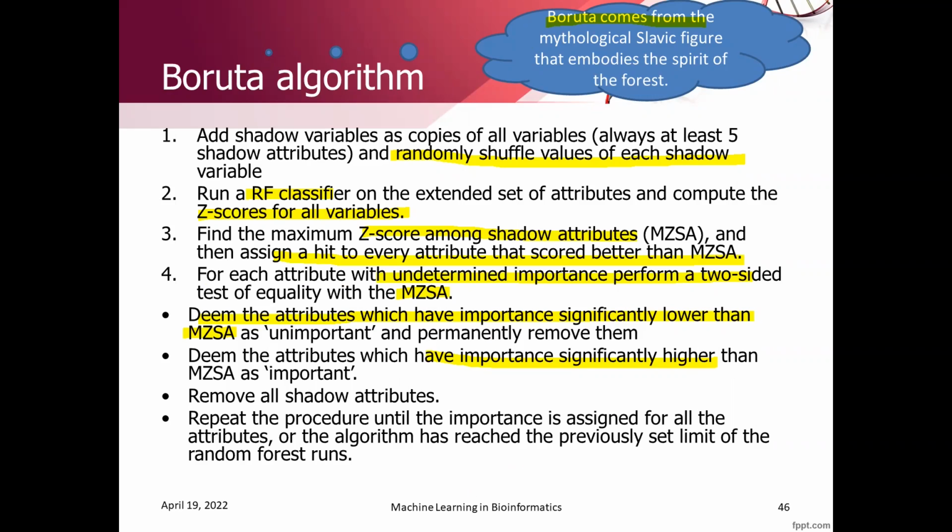And then we repeat the procedure until the importance is assigned for all the attributes, which is not significantly better than the maximum z-score for the shadowed attributes, or until we obtain some small number of attributes.